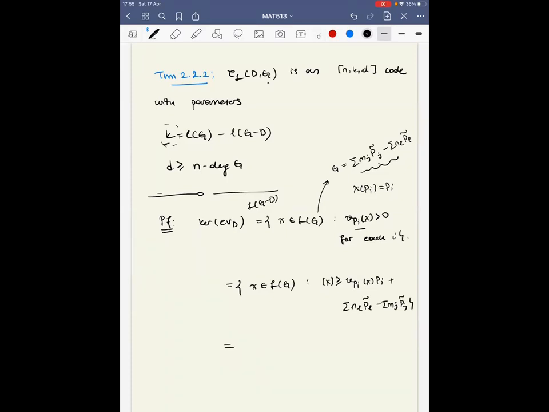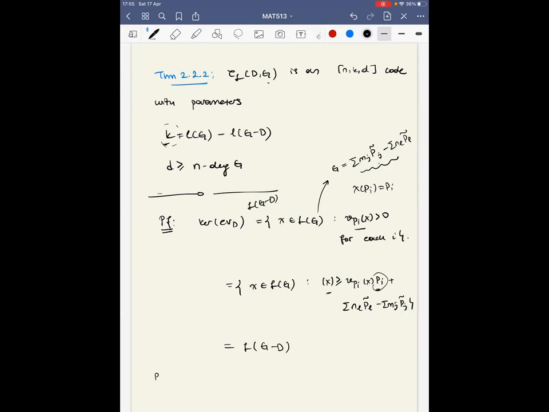And indeed, this shows that this function also has zeros at the given pi, and this shows that this function also lies in the Riemann-Roch space of G minus D.